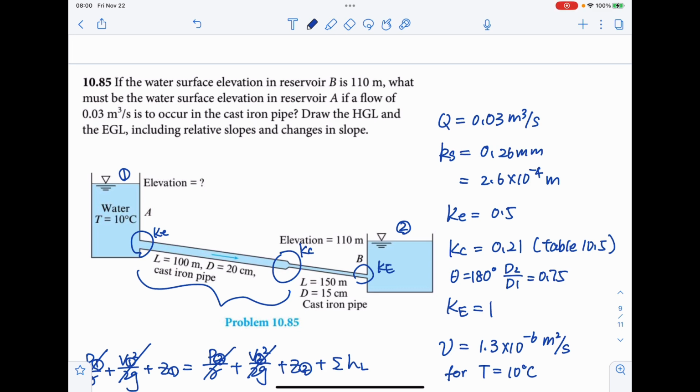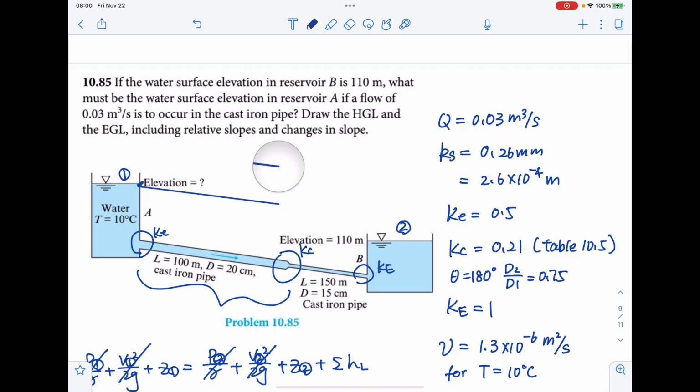Okay, now we're gonna draw the energy grade line and hydraulic grade line. So we're gonna start from the first reservoir, and because we have a larger diameter and the velocity is lower in the first pipe, we're gonna have something like this.